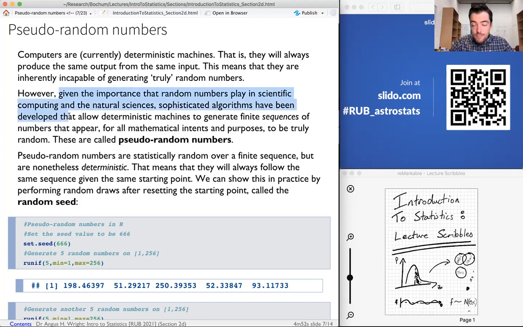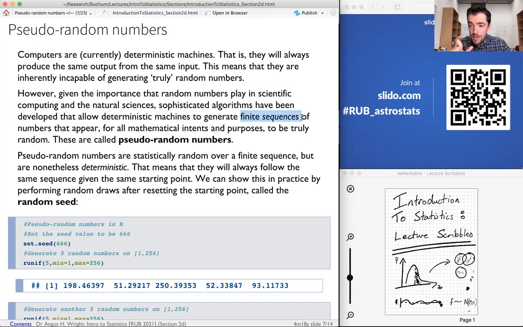But given that we want random numbers, we can't be satisfied with having just deterministic numbers. We need something that is random, that is indistinguishable from true random, at least over some finite interval. And so that's where pseudo-random numbers come in, because they use deterministic machines, deterministic sequences of numbers that appear to be random over a finite sequence.